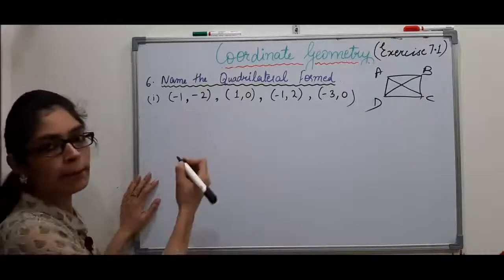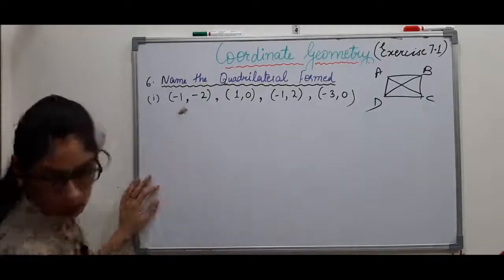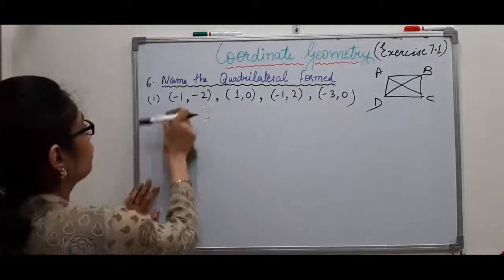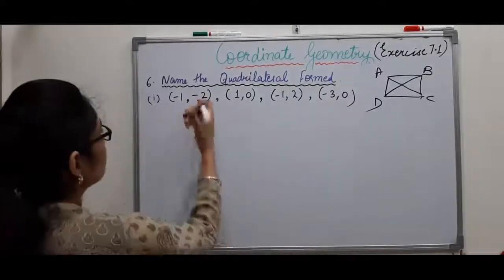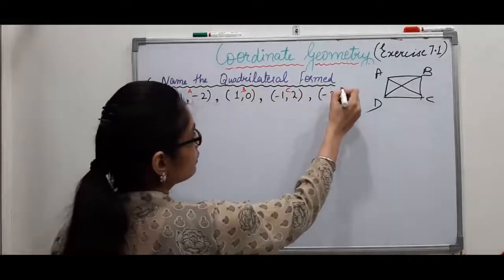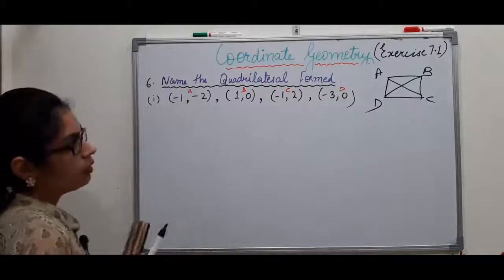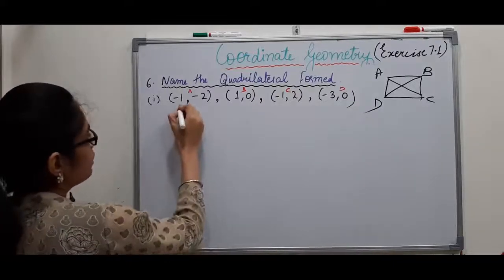So let's name this point as A. Here I will write, this is point A, this is B, this is C and this is D. And let's find out the distance between AB.